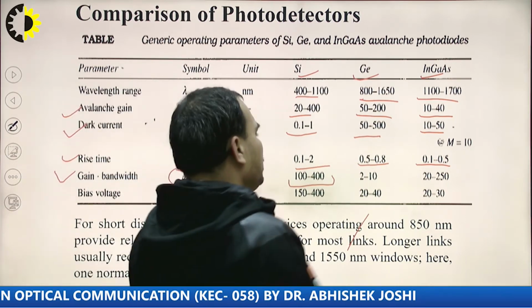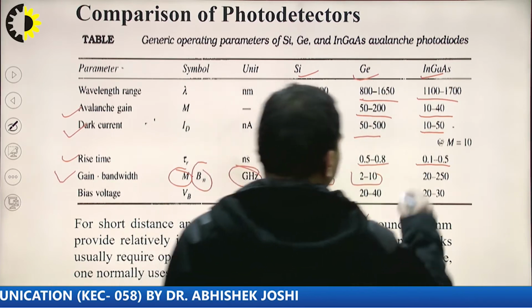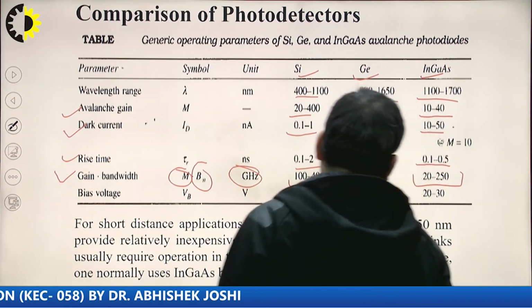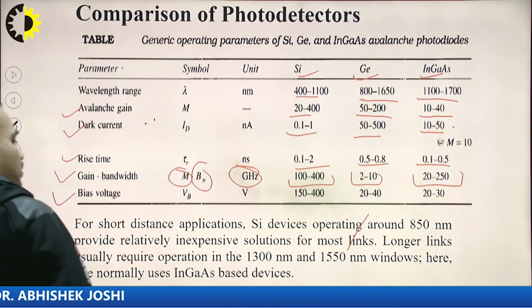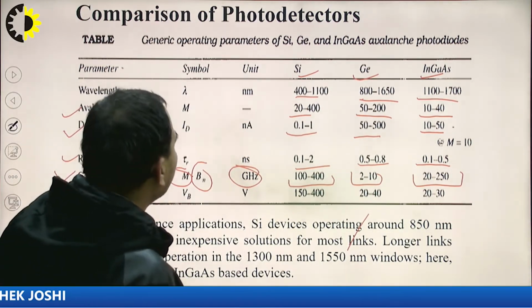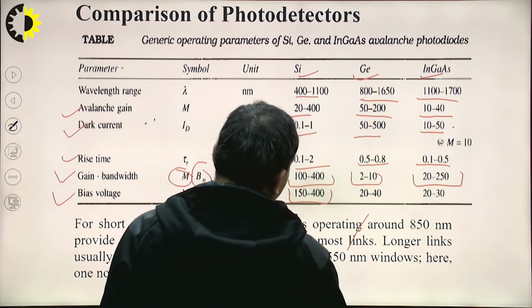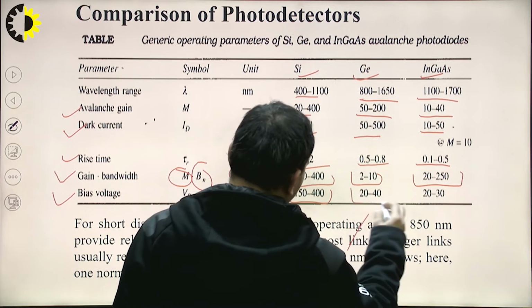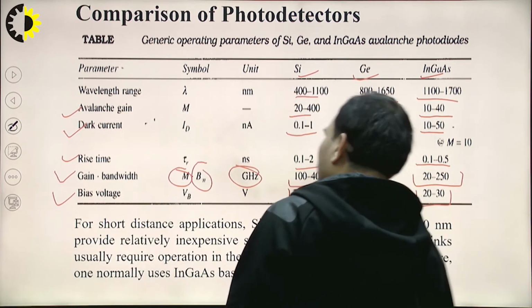For germanium it is ranging from 2 to 10. For indium gallium arsenide it is ranging from 20 to 50. When we are talking about the bias voltage in volts, for silicon that is 150 to 400. For germanium it is 20 to 40. For indium gallium arsenide it is 20 to 30.